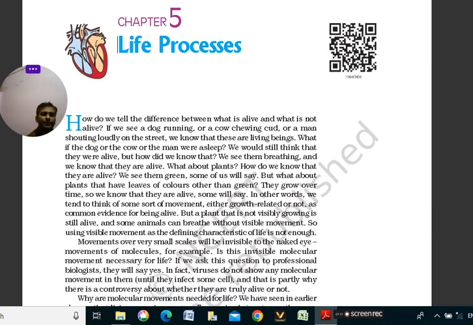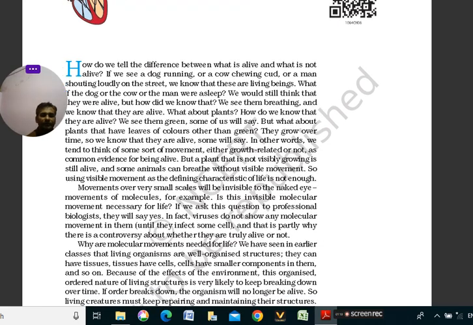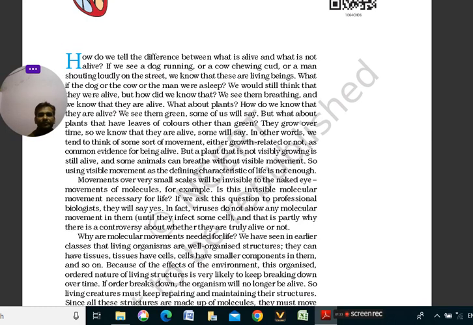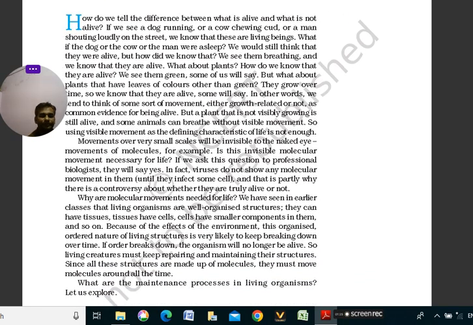Dear students, we will learn about organ systems like digestive system, circulatory system, excretory system, and so on. The different organ systems work together and form an organism.